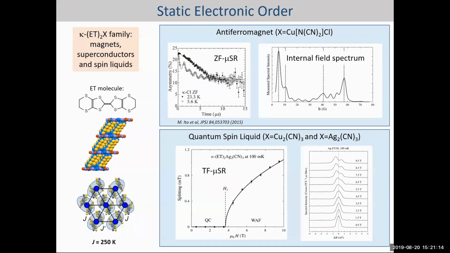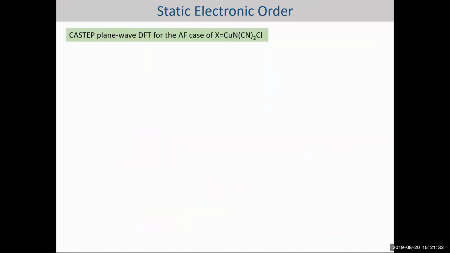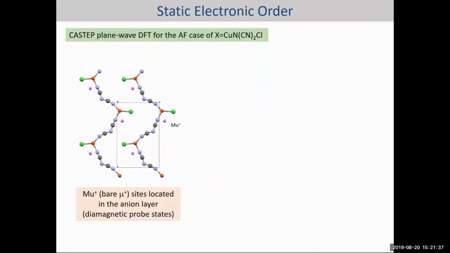If you use this particular anion, you then get a simple antiferromagnet, and the muSR was measured by Isa et al. You get this internal field spectrum, which is two strong frequencies and maybe a couple of weaker ones as well. So then one can do CASTEP plane wave DFT for this material and try to understand the spectrum.